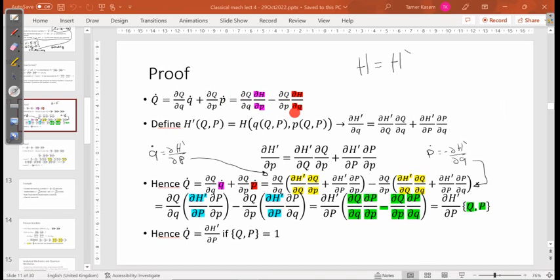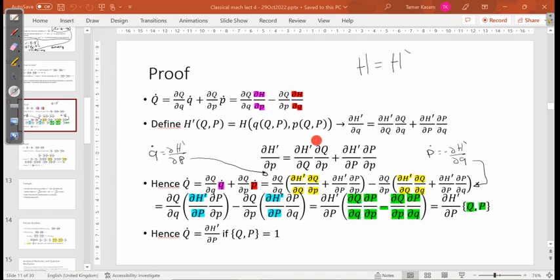Fine. Now please return back to the H dash, the new Hamiltonian. Remember that the new Hamiltonian is obtained from the old Hamiltonian by replacing q small and p small by Q capital and P capital. Hence you can get, for example, partial H dash by partial q, which will be partial H dash by partial Q capital times partial Q capital by partial q small, and so on.